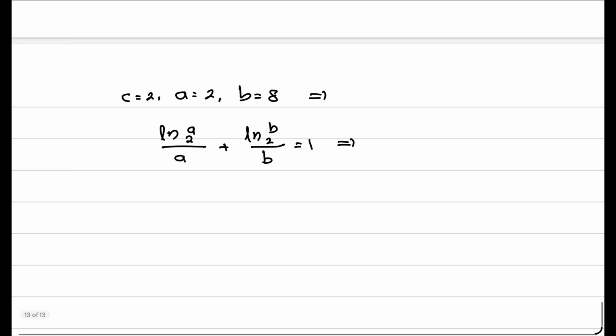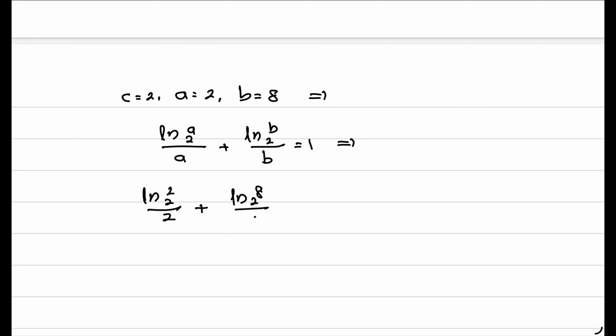Now, A is equal to 2. That means ln 2 to the base 2 divided by 2 plus ln 8 to the base 2 divided by 8. What is its value? This is 1 by 2. 8 is nothing but 2 cube, so 3 into ln 2 to the base 2 divided by 8.